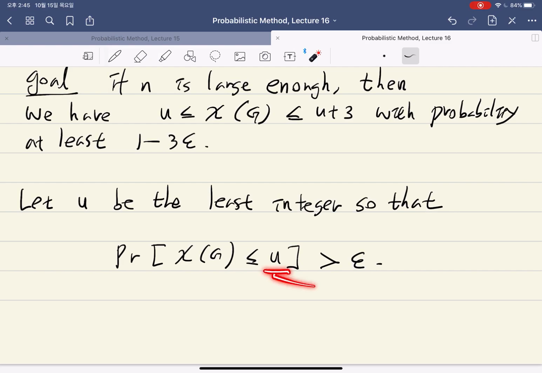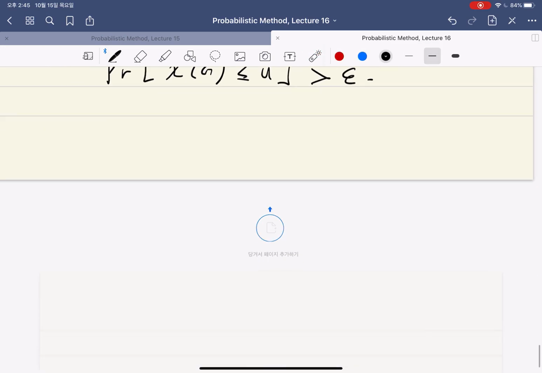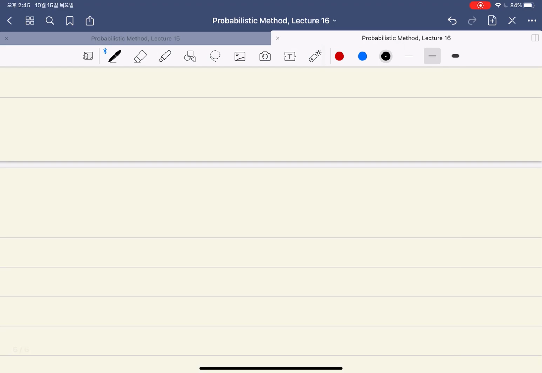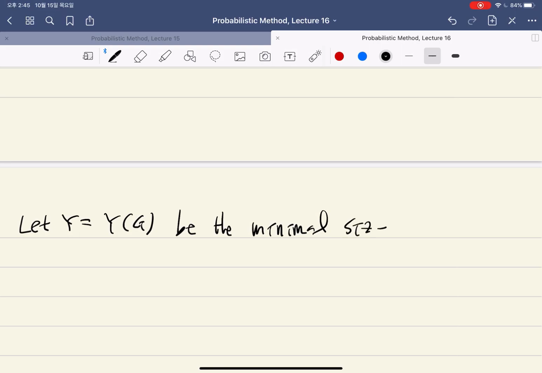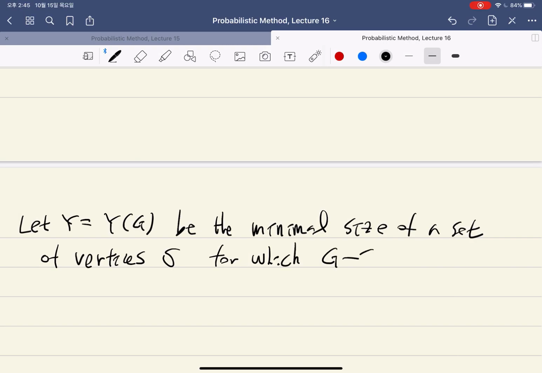At the last time it's bigger than epsilon is u, but if you go one more, then the probability becomes smaller than epsilon. So such u must exist. Now we let Y, which is defined by this random graph G, be the minimal size of a set of vertices S for which G minus S is u colorable.